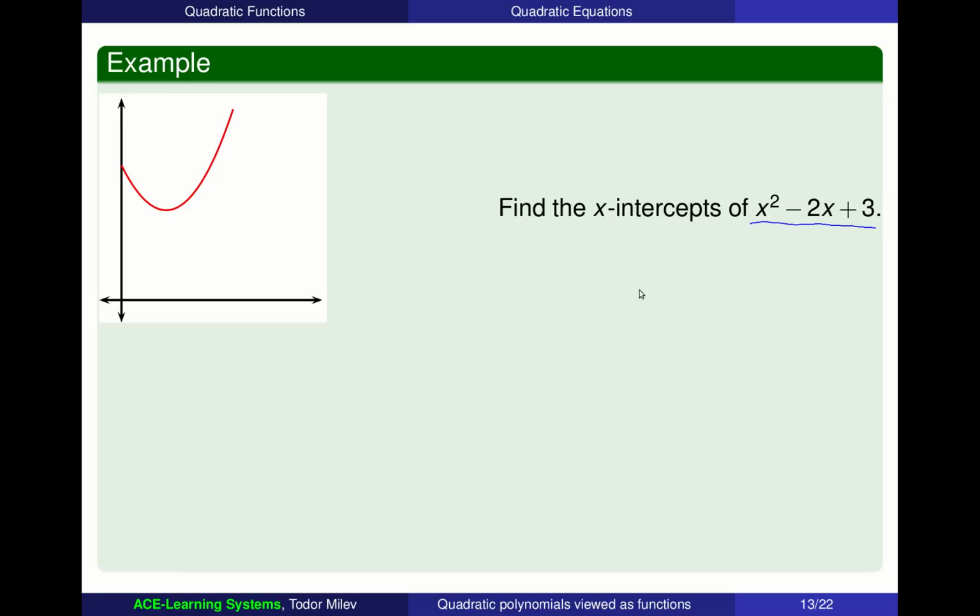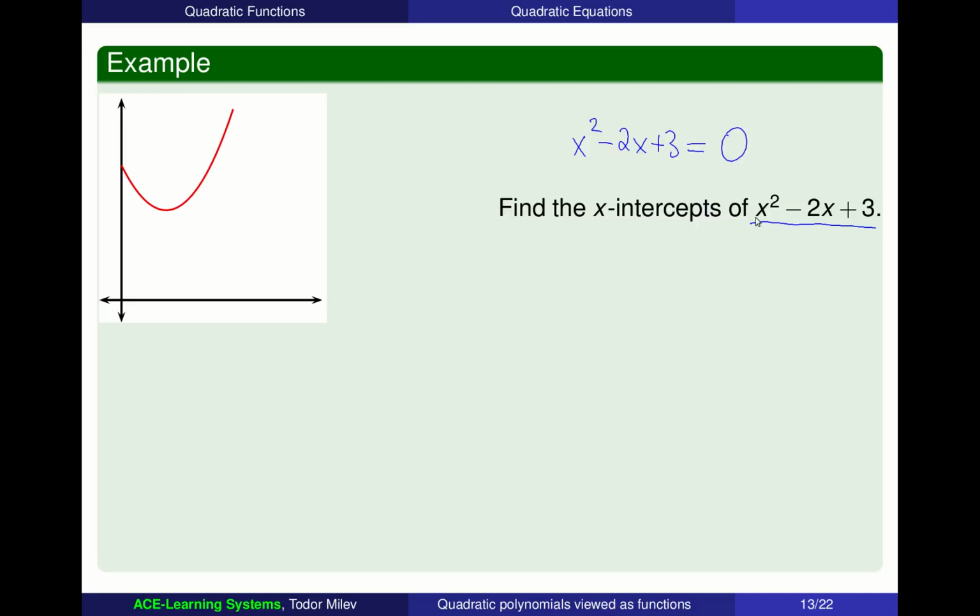Just a reminder, the x-intercepts of a function correspond to the place where its graph intersects the x-axis, and to find the x-intercepts means to set the function equal to 0 and to solve the equation. So I'm asking you to solve x squared minus 2x plus 3 equals 0.